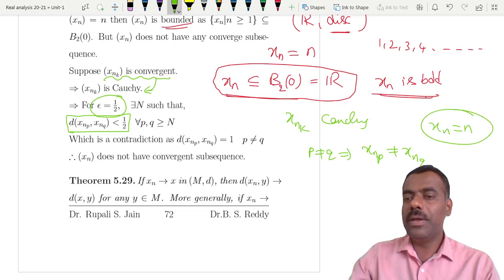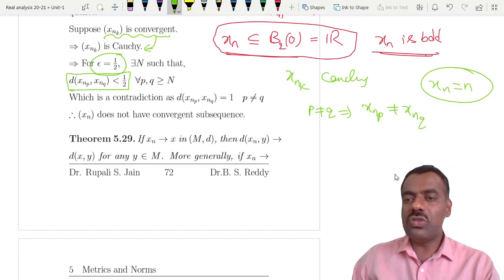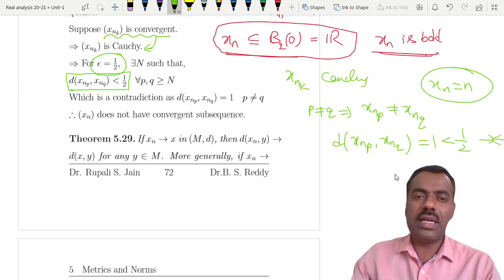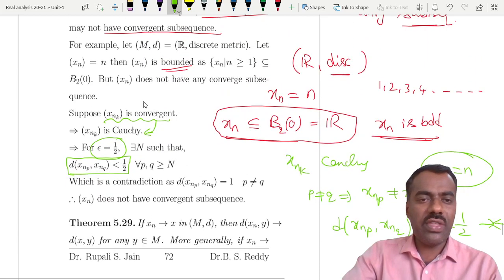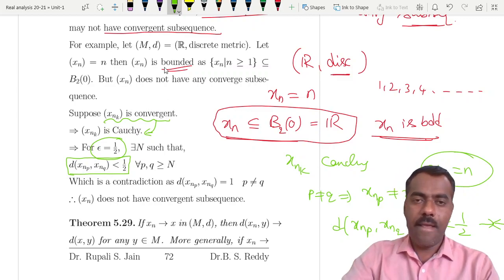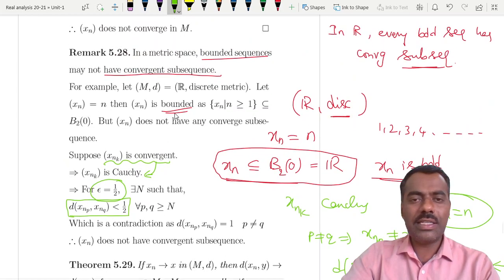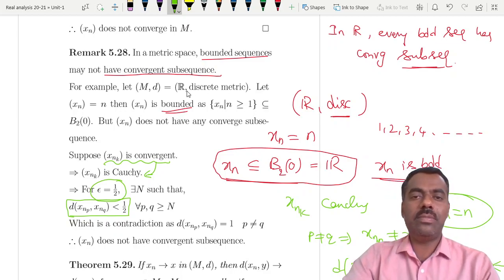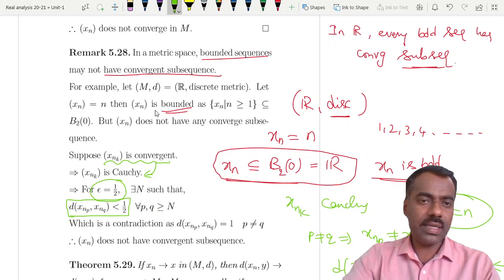Is this clear? Okay, so these are two different values, so that means the distance between xnp and xnq is actually 1, and being less than half is impossible, right? So that is a contradiction. Therefore this subsequence cannot be a convergent subsequence. So even though you have a bounded sequence, no convergent subsequence exists for that bounded sequence, right?